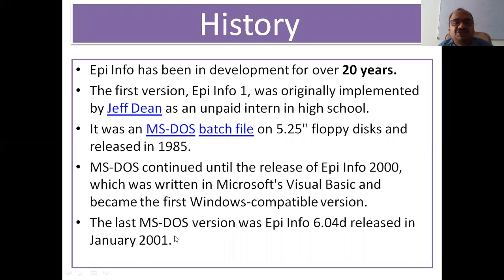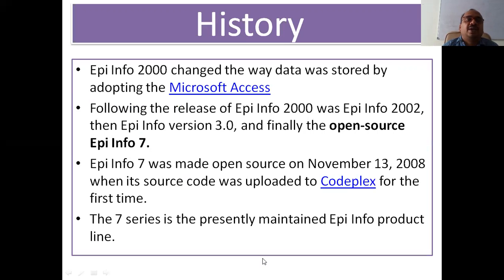The last MS-DOS version disappeared in 2001. Epi Info changed the way data was stored by using Microsoft Access, and it is open source. Epi Info 7 is presently running. This is the final, present version.